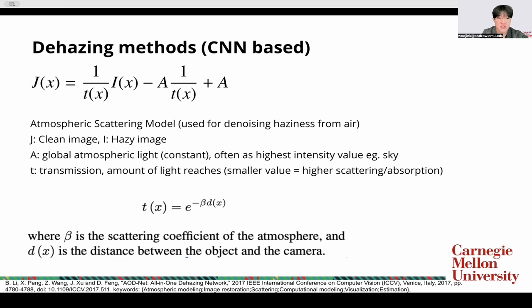And T is the transmission, the amount of light that reaches the pixel, and a smaller value means higher absorption of light. T can be further detailed as e to the negative beta d(x), where beta is the scattering coefficient of the atmosphere, and d is the distance between the object and the camera.